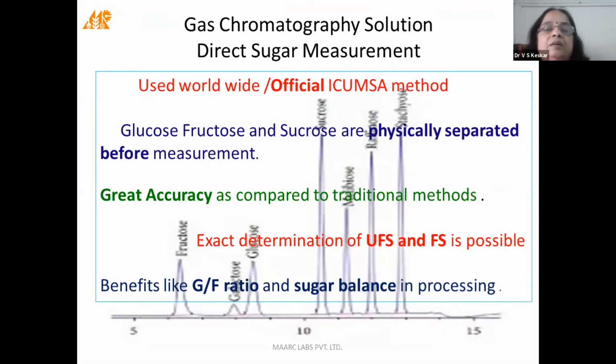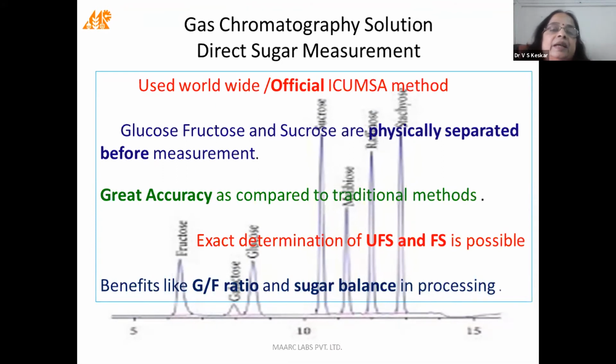We are now introducing the gas chromatographic technique to the participants. And this is direct sugar measurement, as in both polarimetry and the Lane-Eynon method, we were measuring sugar indirectly. We were measuring some of the properties of sugar, like rotating the plane of polarization or reduction of copper solution.